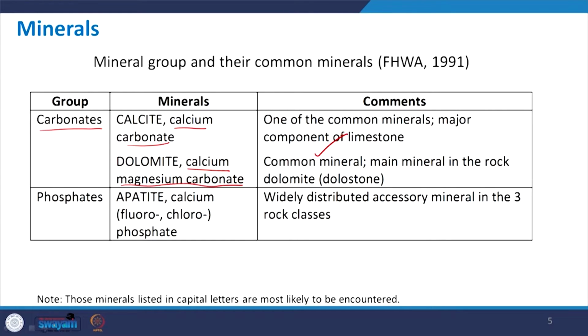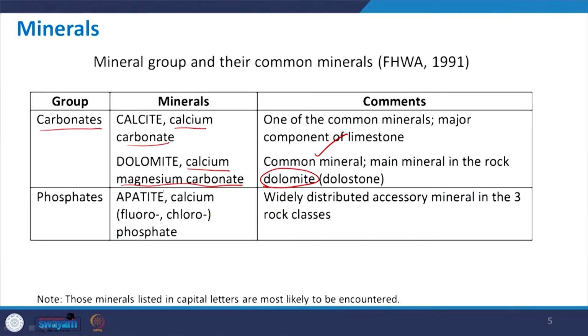It is the main mineral in the rock dolomite. So keep in mind that the main mineral in limestone is calcite, and the main mineral in dolomite is calcium magnesium carbonate. The dolomite rock is also called dolostone.